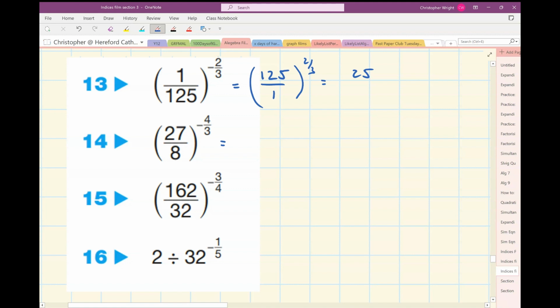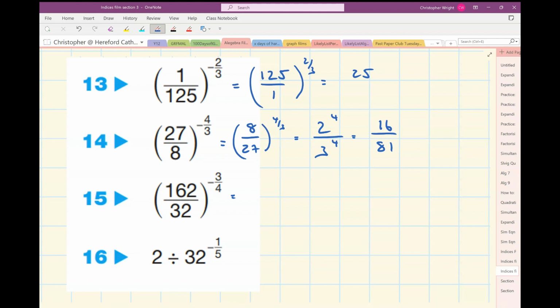27 over 8 to the power of minus 4/3 is 8 over 27 to the power of 4/3. The cube root of 8, which is 2 to the power of 4, over the cube root of 27, which is 3 to the power of 4. 2 times 2 times 2 times 2, 16 over 81. 162 over 32 to the power of minus 3/4.